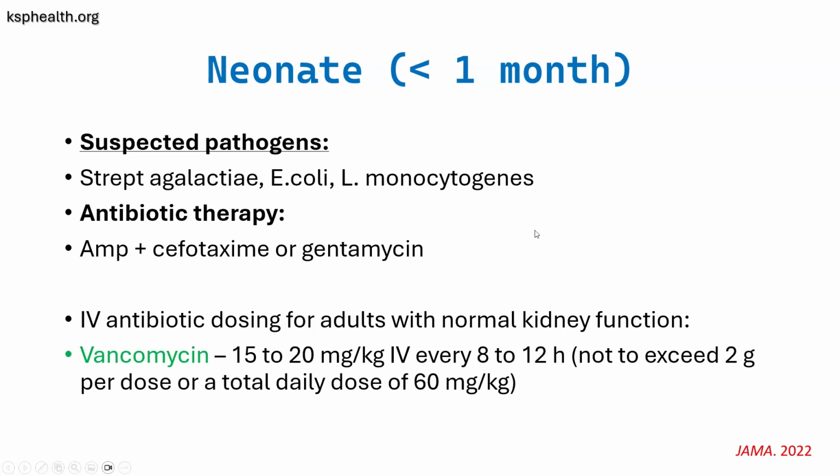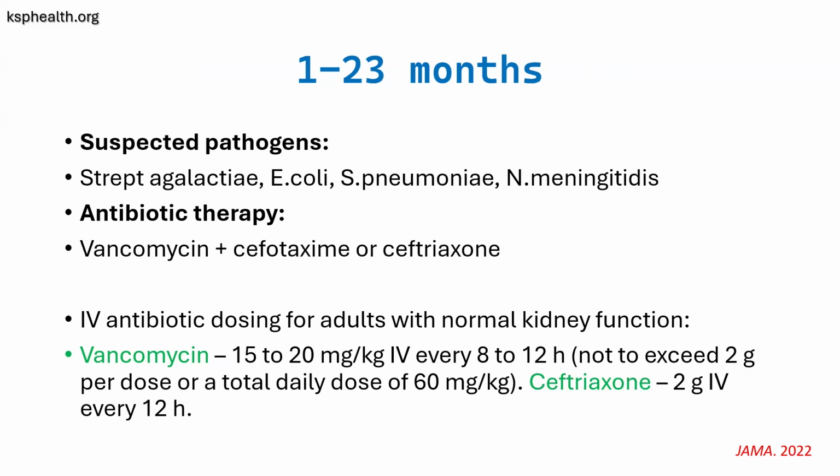The adult dose for vancomycin is 15 to 20 milligram IV every 8 to 12 hours. When you're dosing in neonates, there is a separate dosing for the first 7 days and separate dosing for 7 to 28 days. When the patient is 1 to 23 months, suspected pathogens are still Streptococcus agalactiae, which is GBS, E. coli, strep pneumo, and Neisseria.